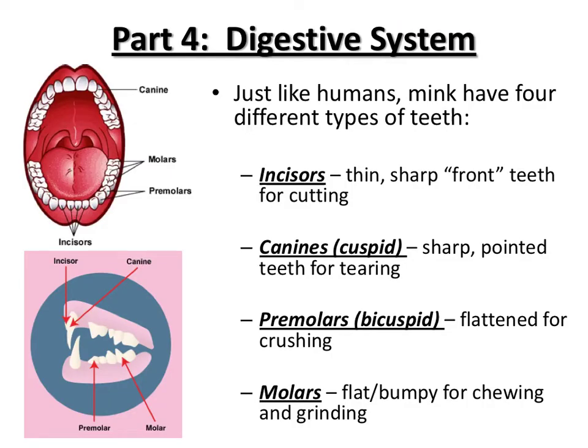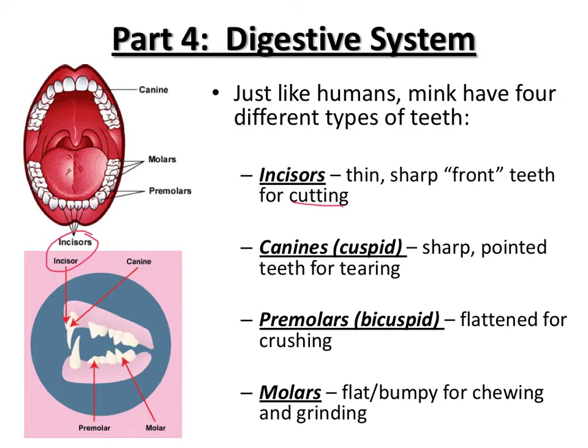Now, also in that oral cavity, you have teeth, and just like us, mink have 4 different types of teeth. The first ones are called the incisors, and these are your front teeth. They're thin, they're sharp, and they're primarily for cutting the tissues you're eating.